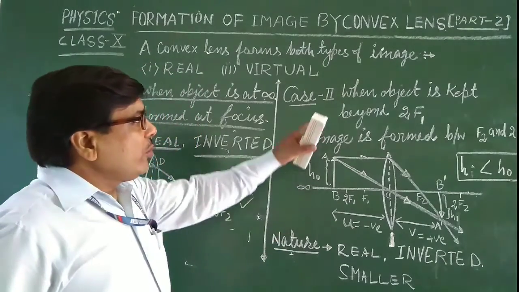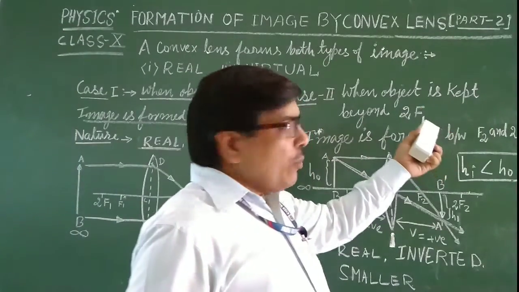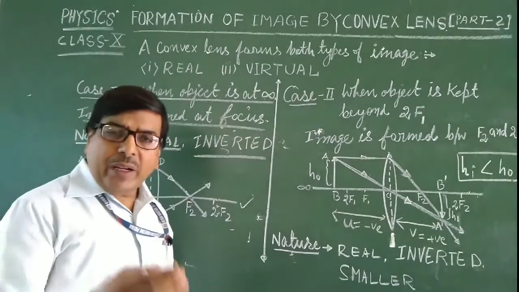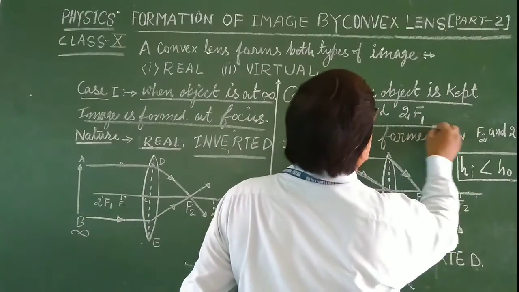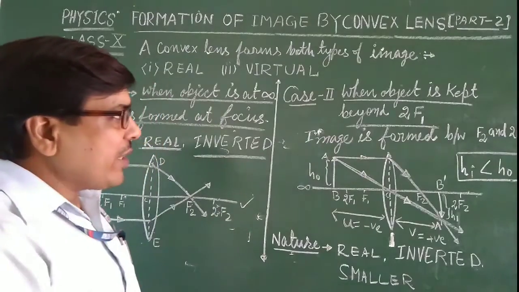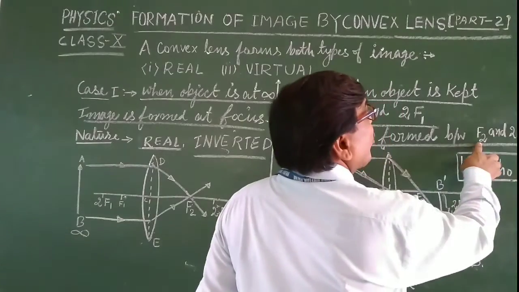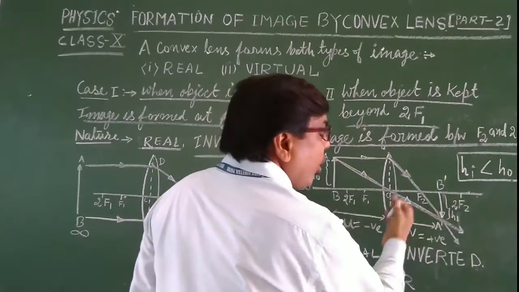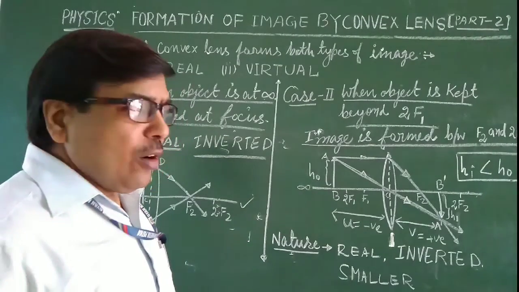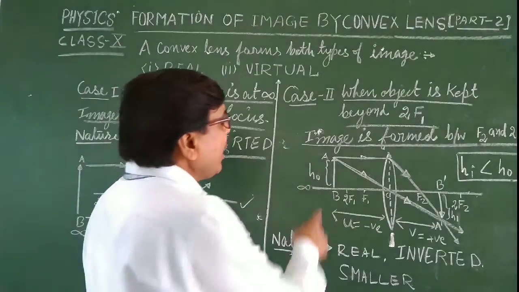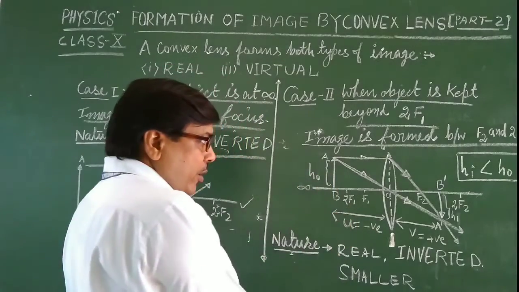Okay, students. Next, case 2, when the object is kept beyond 2F1, then its image is formed between F2 and 2F2 on the other side, as we see here in the diagram. AB is the object which is kept beyond 2F1.